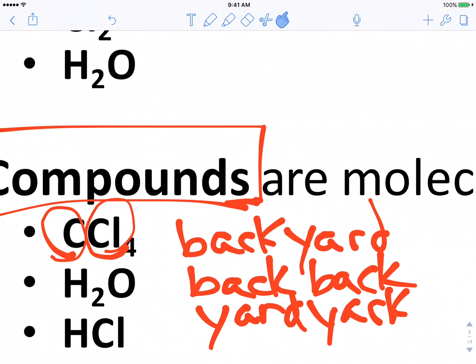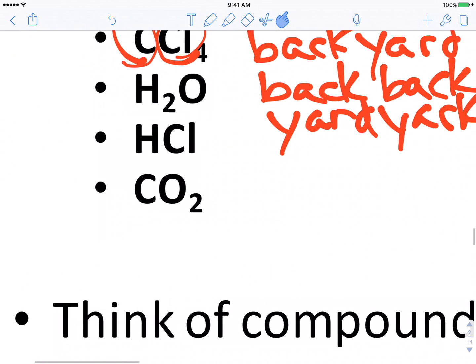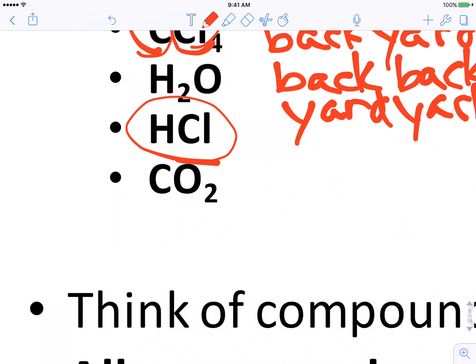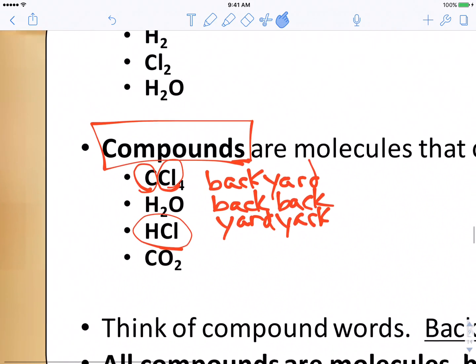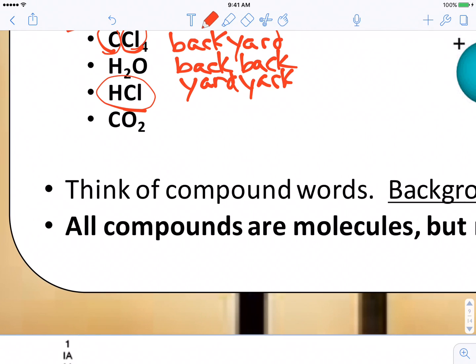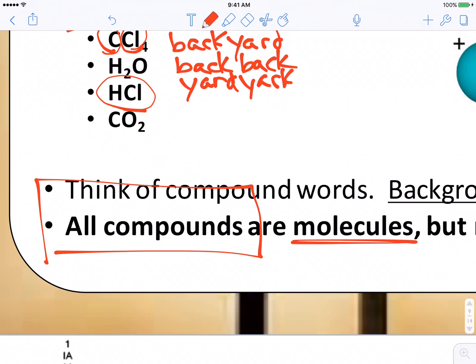Now, to have 2 different elements, how many atoms do we have to have? Well, we have to have at least 2 atoms. That said, remember that if we're talking about a molecule, it's anything formed between more than 1 atom. So that means that all compounds must have at least 2 atoms in them to have 2 different elements, so all compounds are molecules.